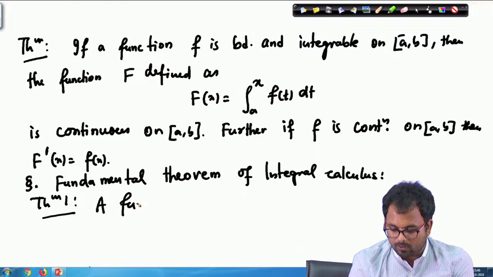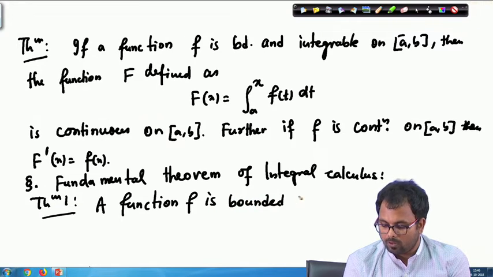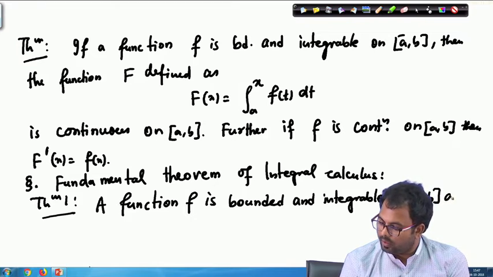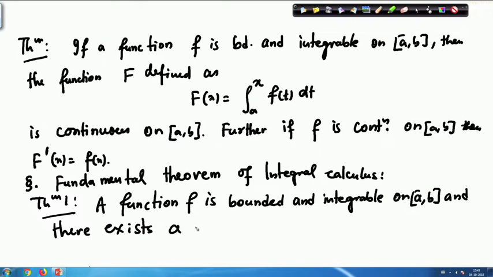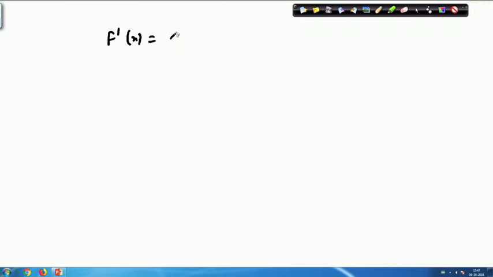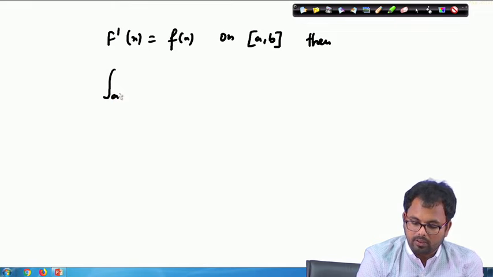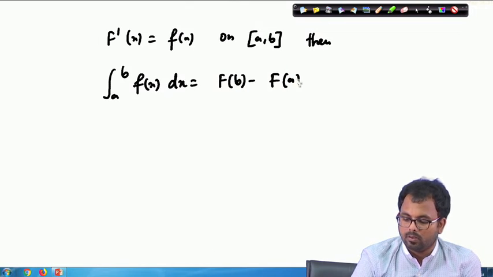a function f is bounded and integrable on the closed interval [a, b], and there exists a function capital F such that F dash x equals small f(x) on the closed interval [a, b], then we can write the integral from a to b f(x) dx as F(b) minus F(a).